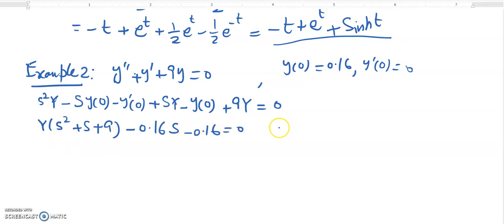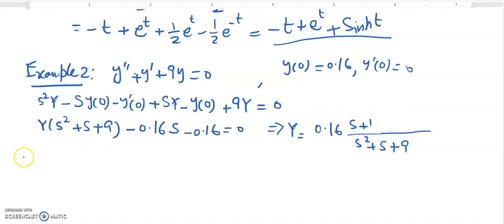So Y will then become equal to 0.16 times s plus 1 over s square plus s plus 9. This can be further manipulated. Since it is in the denominator, we can complete the square of this term.